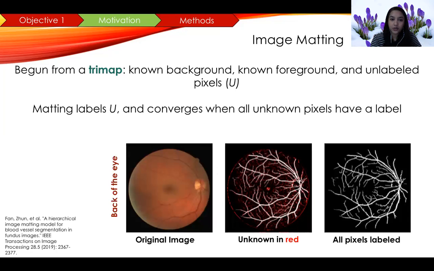One channel is for known background pixels, one is for known foreground pixels, and one is for unknown pixels, U. The unknown pixels are labeled in the second image in red. The matting process converges when all the unknown pixels U have been labeled as either background or foreground, as in the third image.